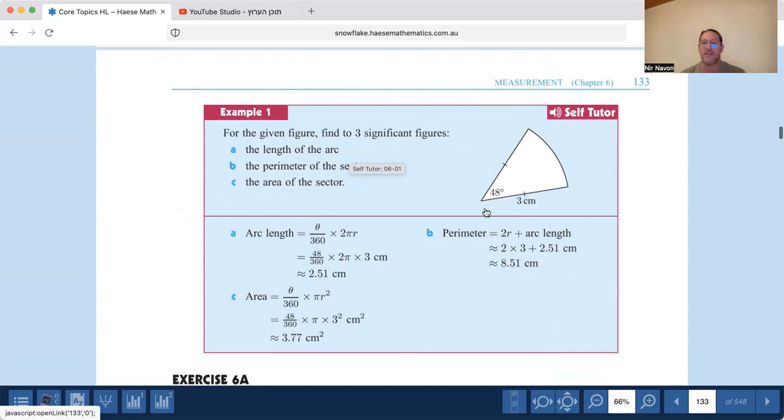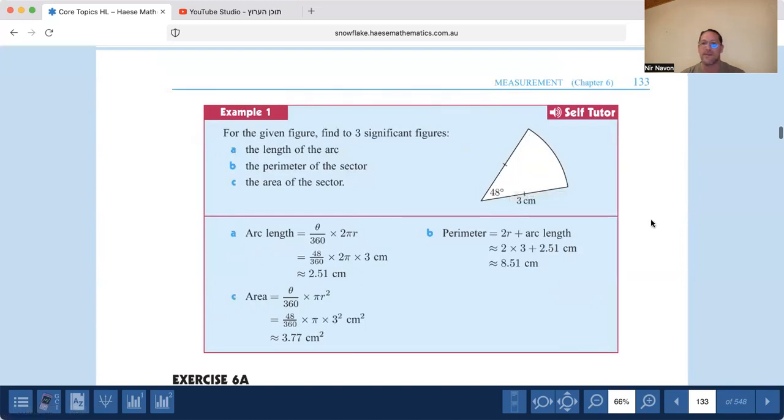So we have the angle and we have the radius. So the arc length would be theta over 360, which is 48 over 360, times 2 pi times the radius. So that is rounded to 2.51 centimeters. The perimeter would be the arc length plus the two radii.